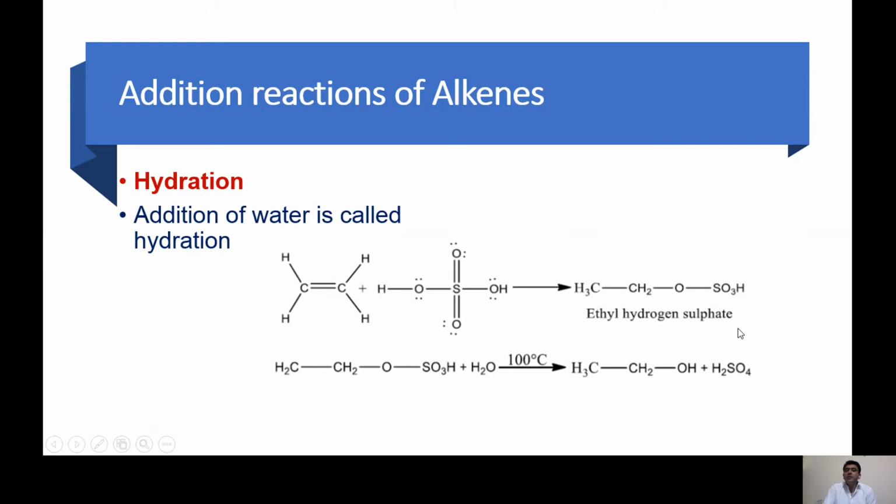So this intermediate is formed, and then we add water. This bond breaks, and we get CH3CH2OH. Now this is the alcohol. So hydration is not a simple addition of water, it takes place in the presence of acid. And if we have an unsymmetrical alkene, it also obeys Markovnikov's rule.